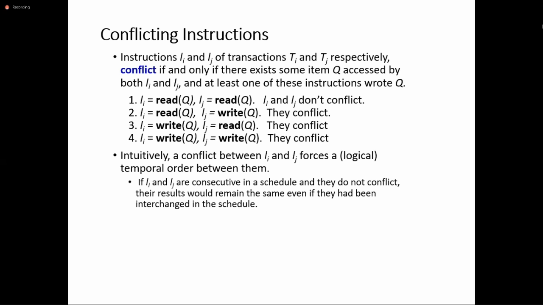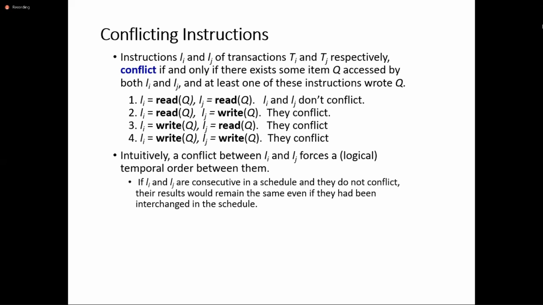If both read the balance, no problem. But read and write, or write and read, or write and write is a conflict. You can understand the conflict now: both can read the balance at the same time.